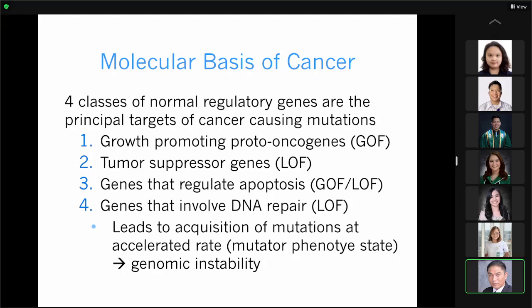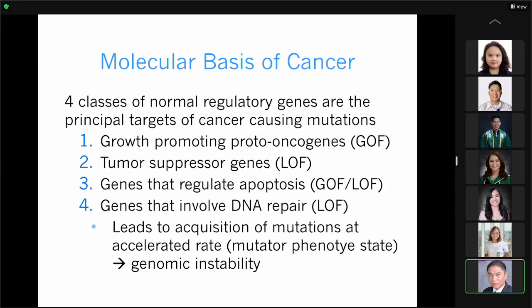Next are tumor suppressor genes. So these genes encode for proteins that apply brakes in the cell cycle. And so for these genes to participate in carcinogenesis, they must suffer from loss of function mutation.